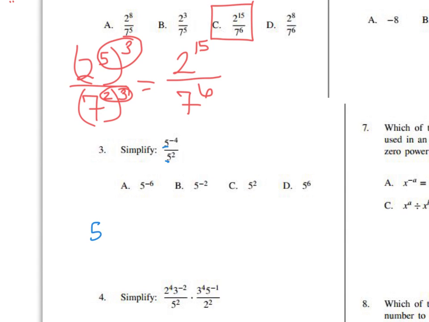So we have 5 to the negative 4 minus 2. What's negative 4 minus 2? 5 to the negative 6. Is that an answer choice? 5 to the negative 6, that's it.